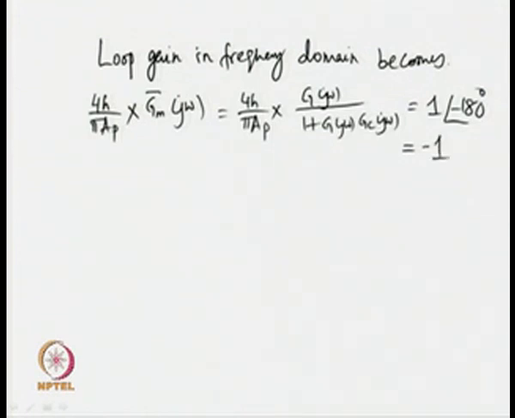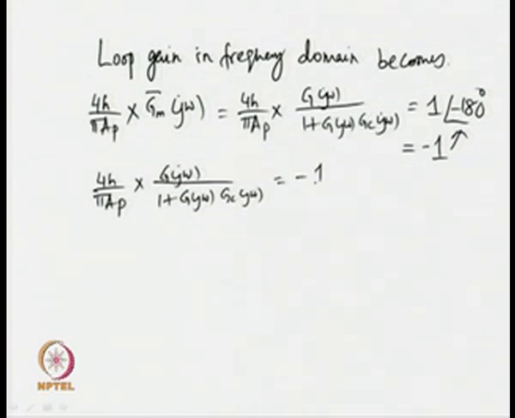So, 1 with phase angle of minus pi or 180 degree gives us a real value of minus 1, or minus 1 in phasor form can be written as 1 with angle minus 180 degree. Is it okay? Then I get an expression of the form 4H divided by pi AP times G(j omega) divided by 1 plus G(j omega) GC(j omega) is equal to minus 1.